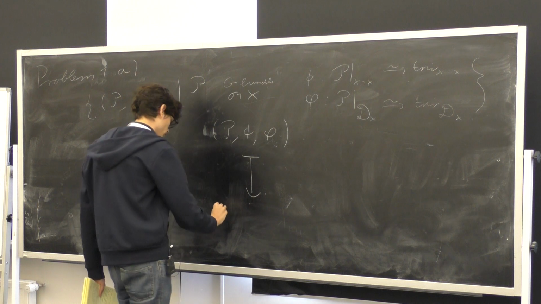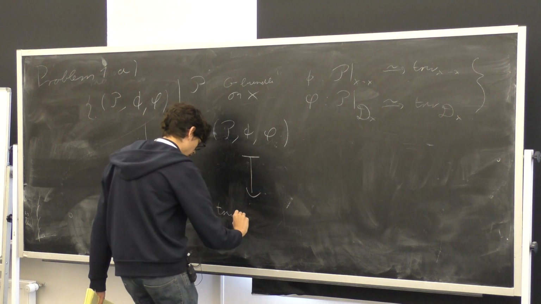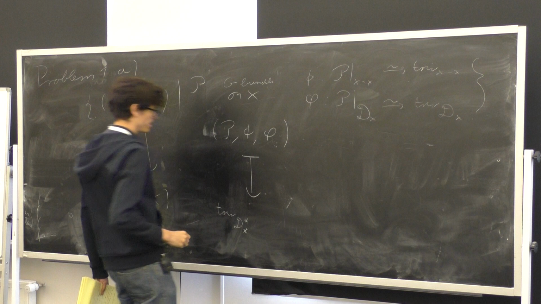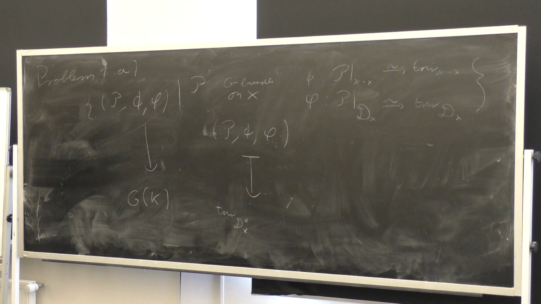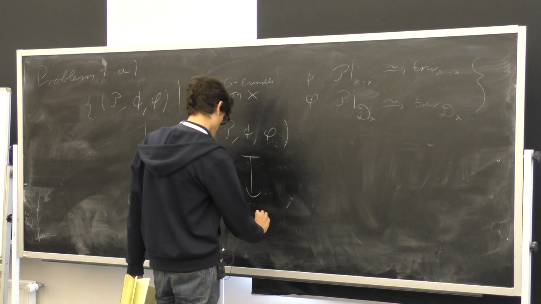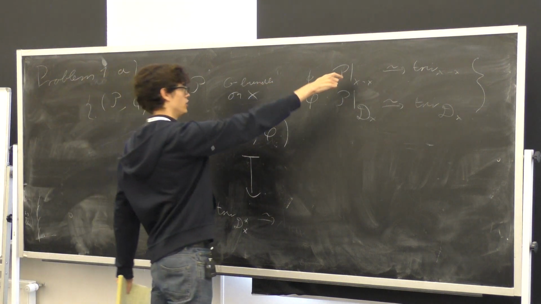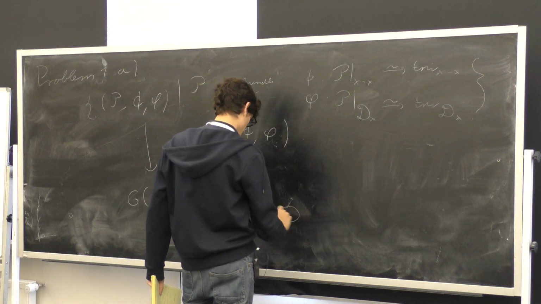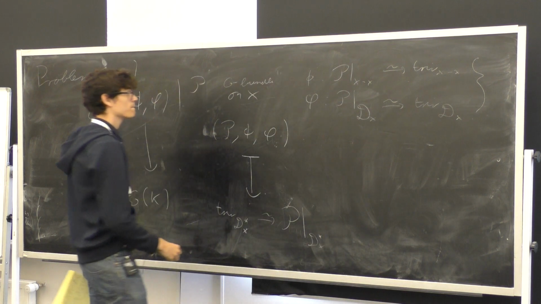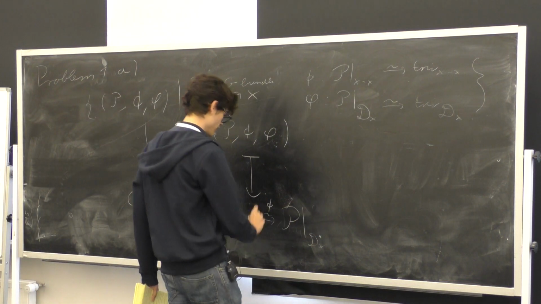So I start with the trivial bundle on D_x star, the open formal neighborhood around x, the punctured disk. Now using phi, I can get a trivialization of the G bundle that I was given, right?